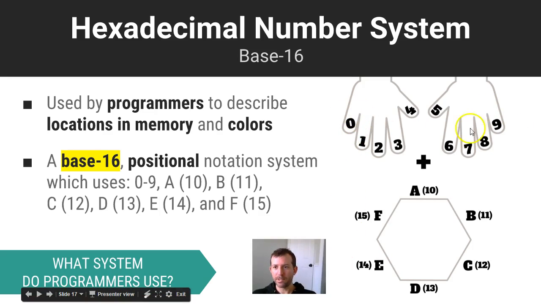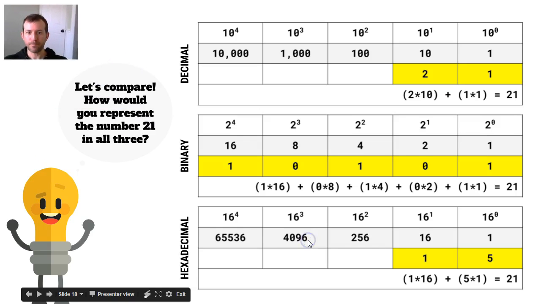You've got the same ones as the decimal number system, the 0 through 9, plus to represent numbers up to 15, we have A, which represents 10, B, which represents 11, C, which represents 12, D, which represents 13, E, which represents 14, and F, which represents 15. So in this number system, there are actually letters that can be used in a position. It's a little odd, but it's a very powerful system, and many programmers use it.